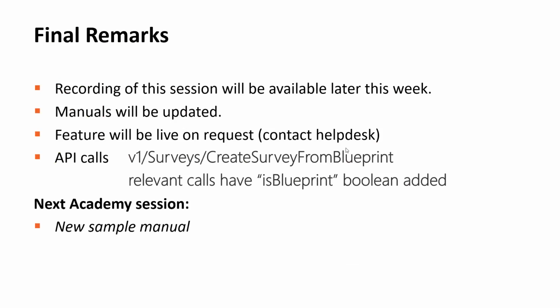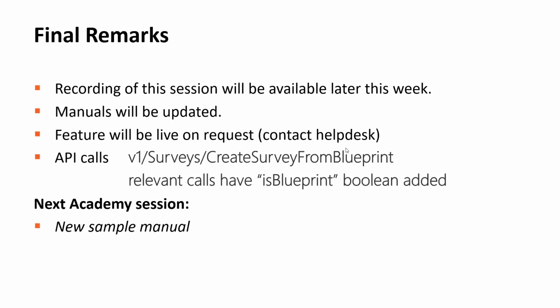Any last questions? Yes, an interesting question came in. It's good to discuss that, I think. Wouldn't it be easier to have a duplicate survey function instead? Then you can copy a survey and alter what needs to be altered. But this is the feature that we chose, because if you choose a duplicate, then you also need to choose what you want to copy.